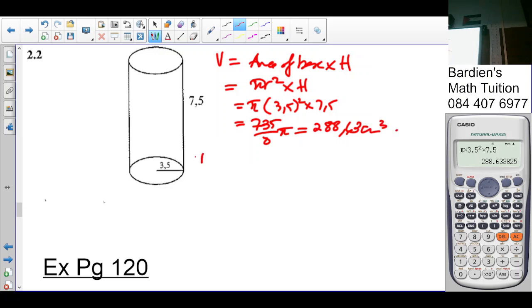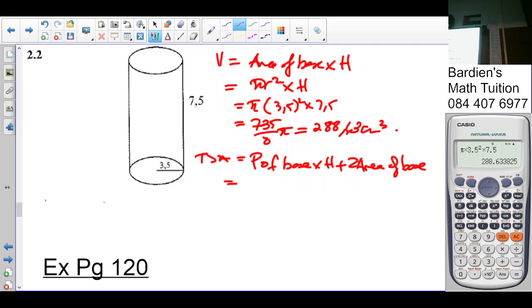You look at the total surface area. How do you calculate total surface area? Perimeter of base times height plus twice area of base. Okay. What type of shape is this base? Circular base.